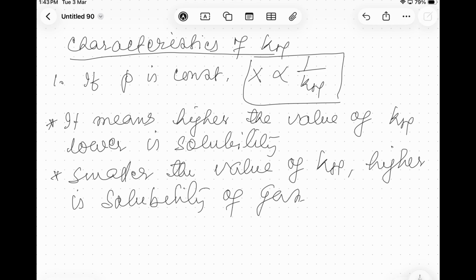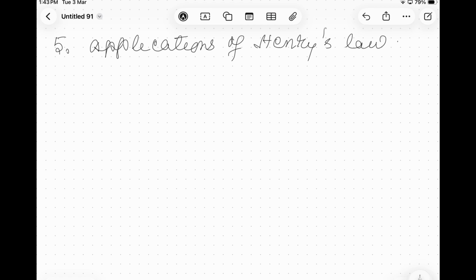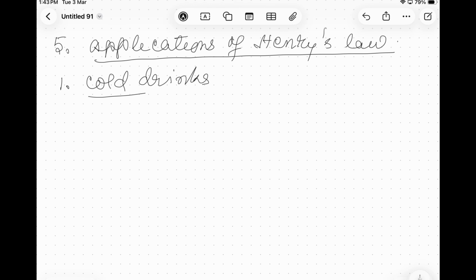Now, application of Henry law. In case of cold drinks, what happens?